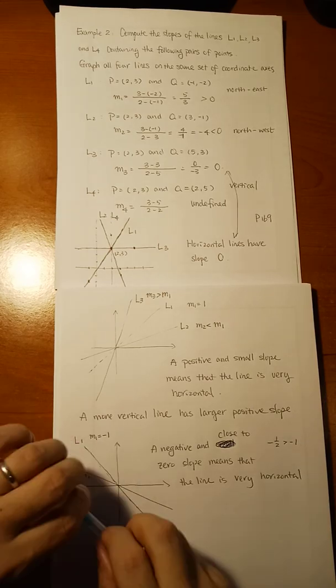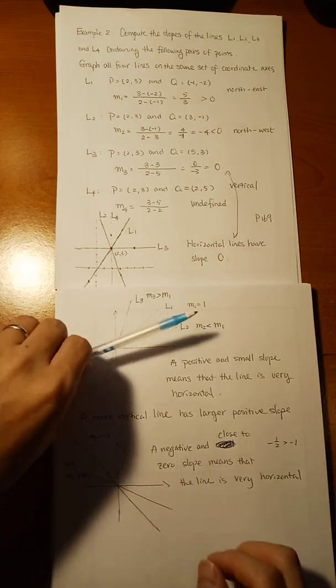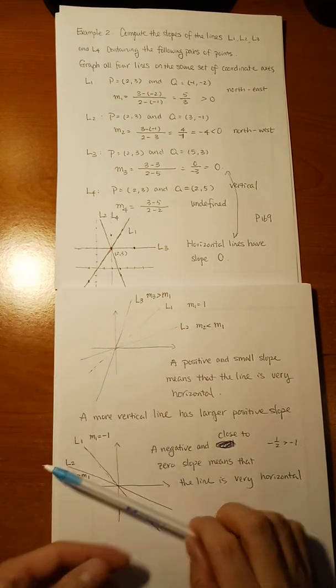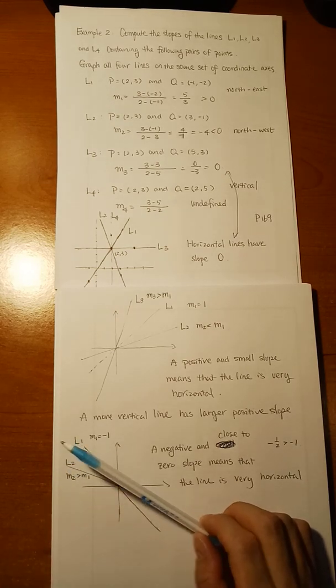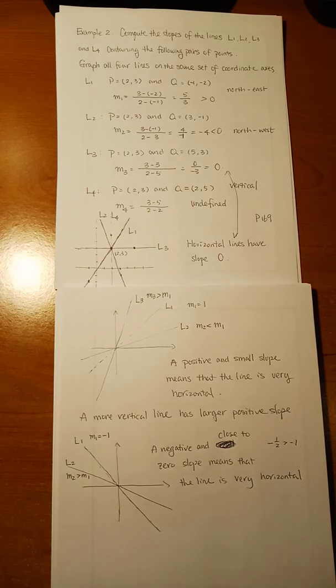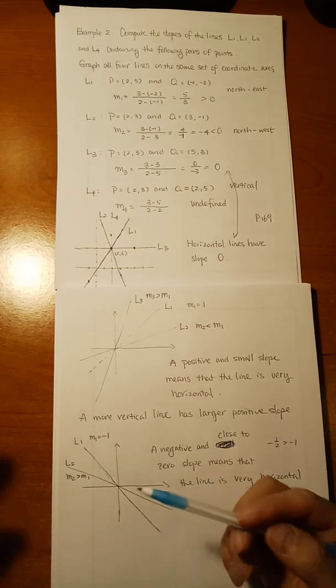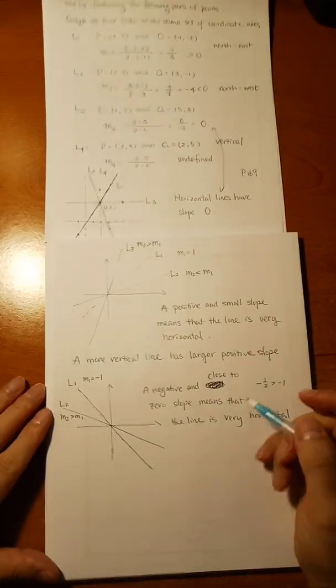Whenever you have a line that is horizontal this way or that way, the slope will always be close to 0, because a horizontal line has slope 0. If it's almost horizontal, the slope will be very close to 0.